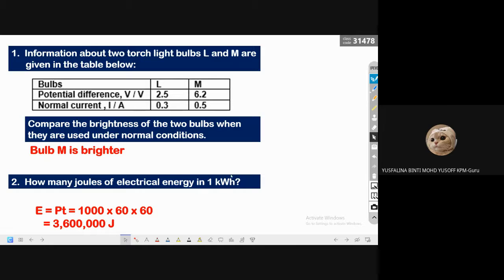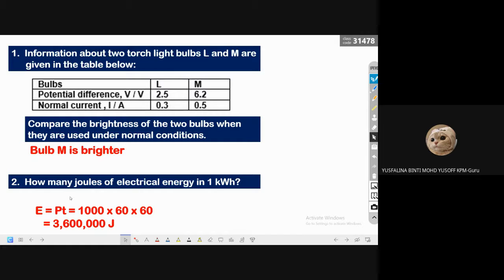And the hour here, you must change to second. If not, you cannot use joule. Just like when you answer the exam paper for energy, let's take potential energy, most of you got it wrong because you don't change the cm to meter. That's why you cannot have that answer.